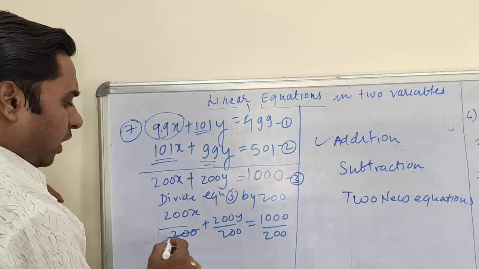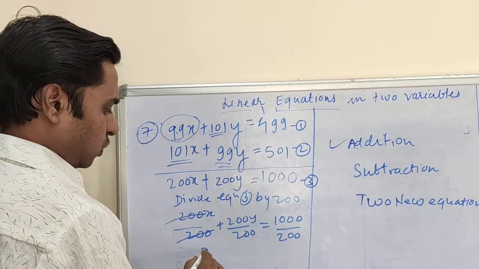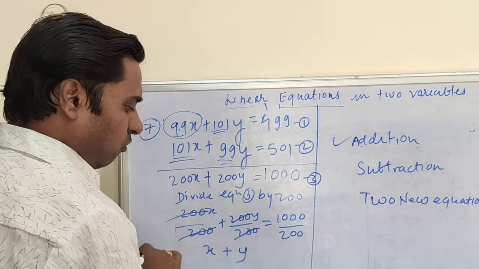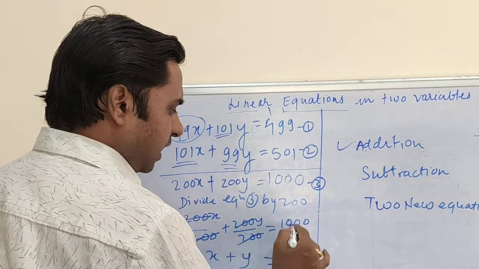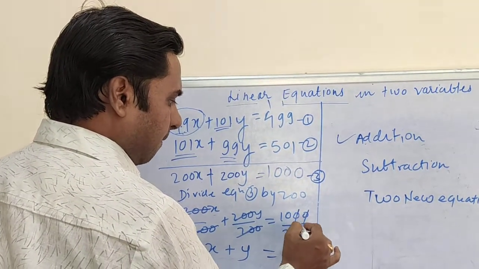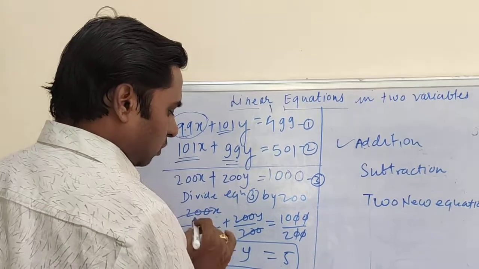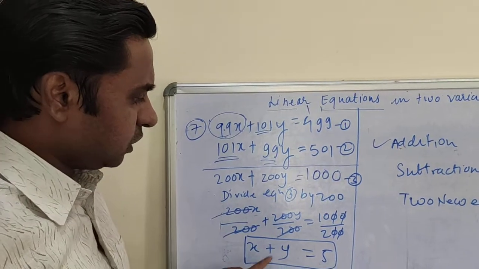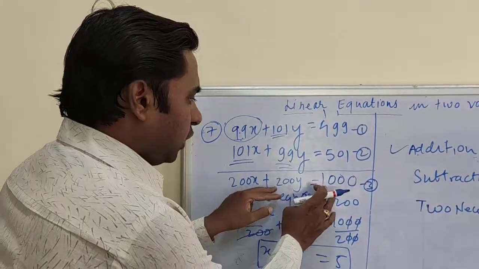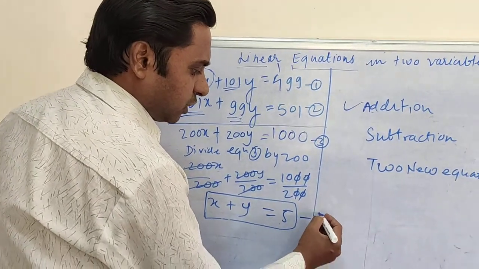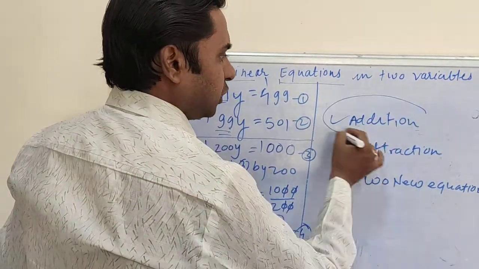Now 200 ones are 200, so we will be left with x. 200 ones are 200, y. And 1000 upon 200 is 5. So this is the new equation. Actually this was the new equation, but we have reduced it. We will give this as equation 4. Now we have finished with the addition.